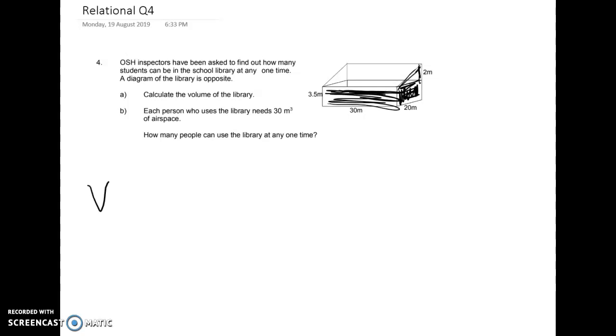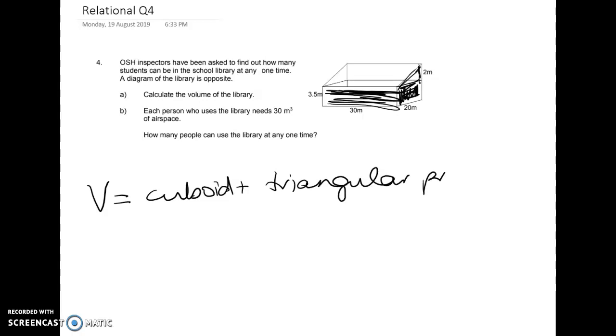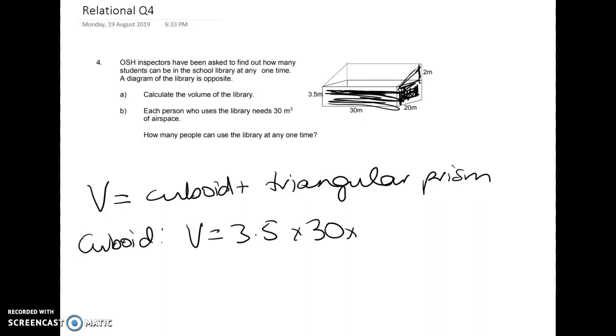So splitting it up, volume equals cuboid plus triangular prism. The cuboid volume, everything's in the same unit, is 3.5 times 30 times 20, and that gives me 2,100 meters cubed.